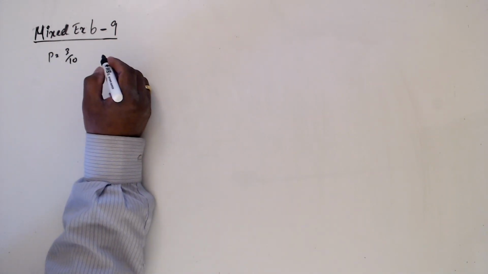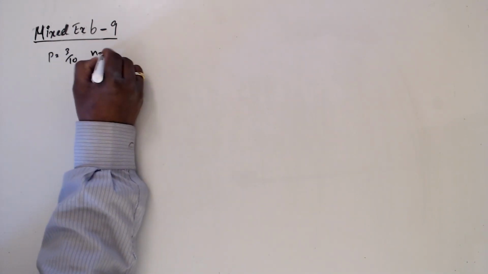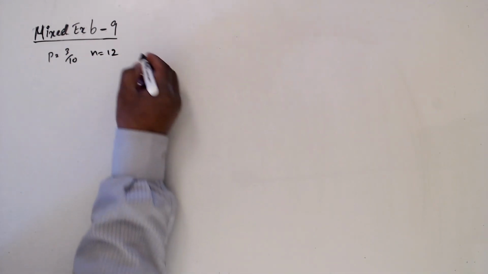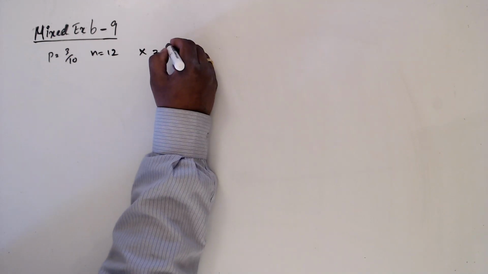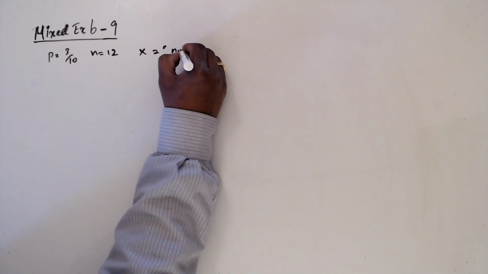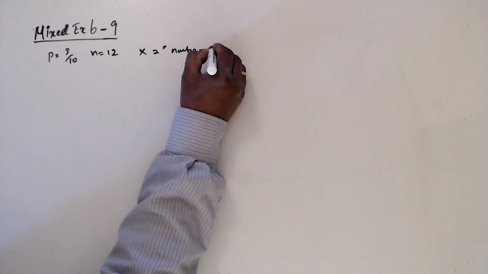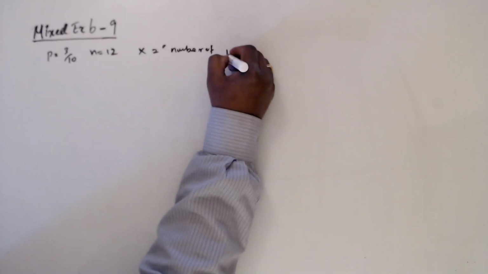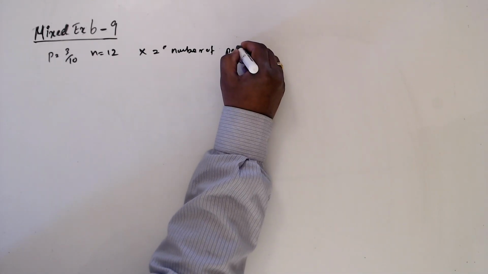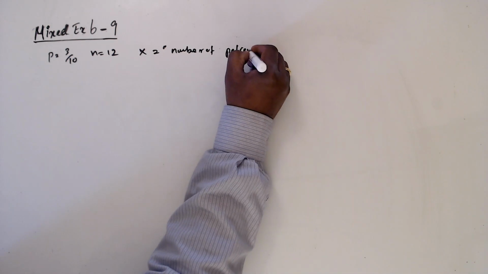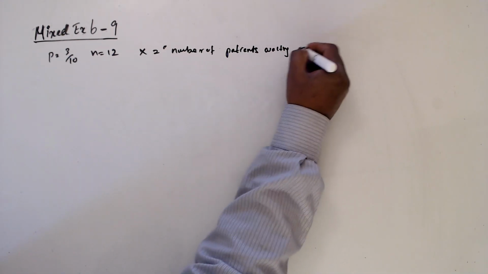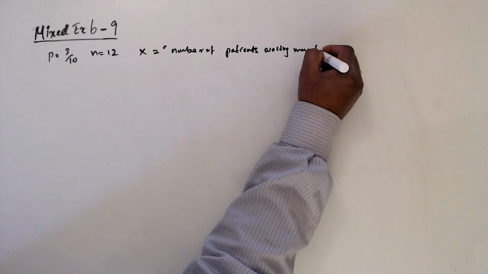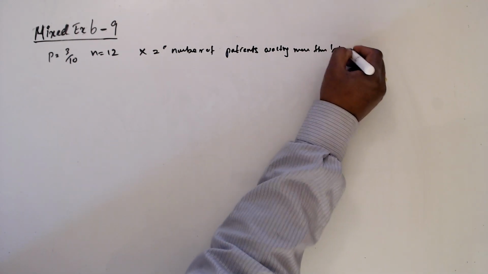If we select 12 people, then n equals 12, and we define X as the number of patients who wait more than half an hour.